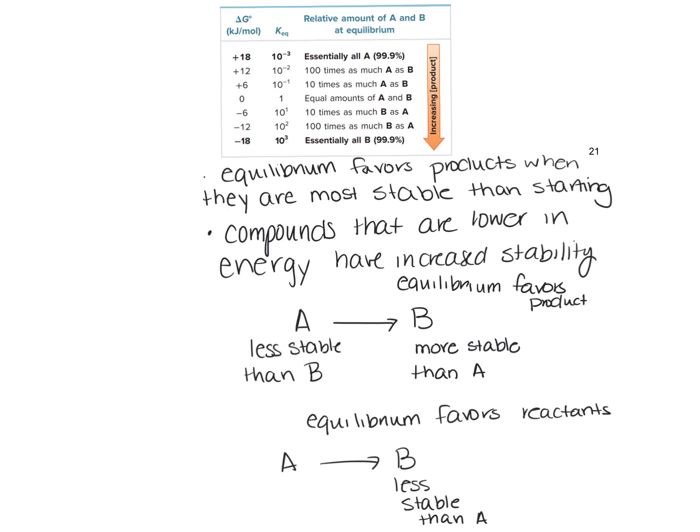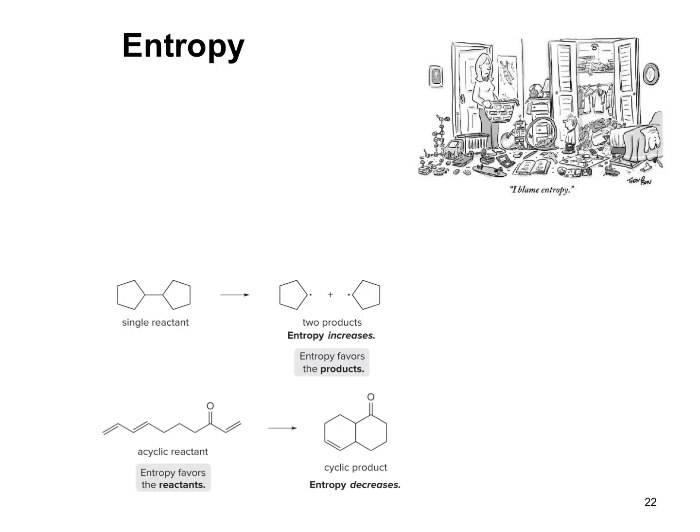And another way to say this is that over here, the reactants are more stable than the products. So a lot of organic chemistry is a comparison game. And where things are less stable and more stable will help us figure out whether this is going to favor the products or not. Now, another thing that can help us with this is entropy.